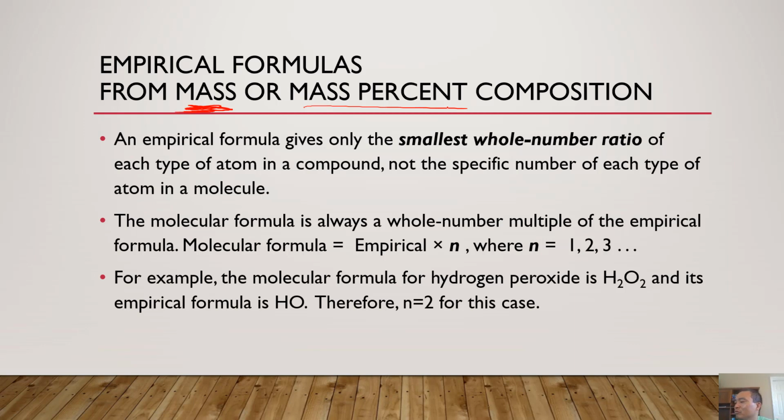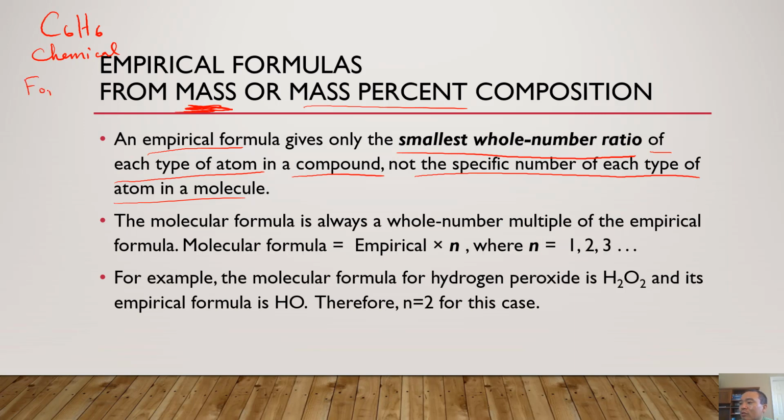But what is the empirical formula? Empirical formula just gives you the smallest whole number ratio of each element or atom in the compound. Okay, it's not the specific number of each atom. So for example, if you have C6H6, that's the chemical formula.